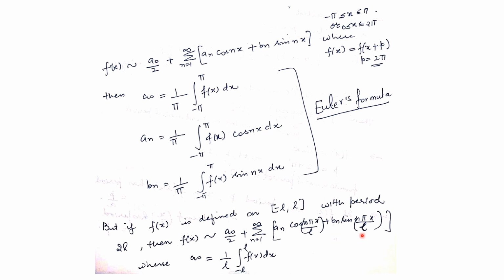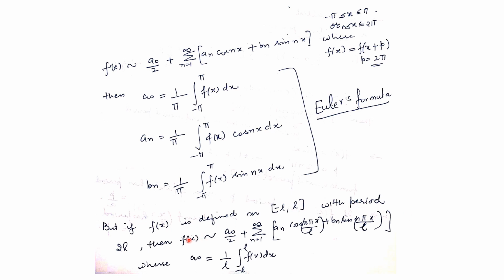Now just see, if here our L is pi, you will substitute the value of L over here and you will get again nx, the same form, right? So this is a more general form than this case. Okay, so this is the Fourier series.